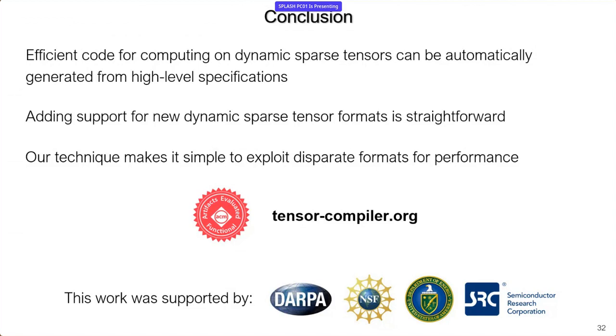Sometimes it might be good to do something in between, like a transform from one format to another, because sparse formats have a lot of restrictions on how you can iterate over them. If you want to go from row-based to column-based, you have to transform that. So there are a lot of policy decisions to make, and we are looking at scheduling technology to do that.